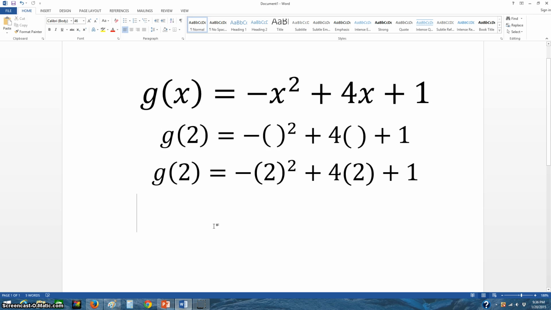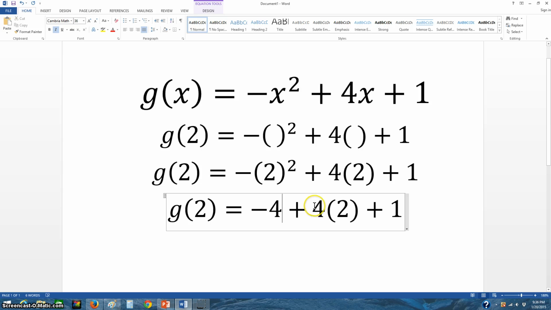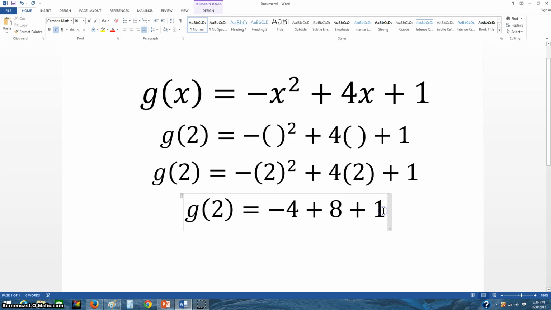Alright, so 2 squared is what? It's positive 4, but remember that now I have to multiply it by this negative. So a 2 squared, which is a positive 4, times a negative gives me a negative 4, plus 4 times 2, which becomes an 8, plus 1.